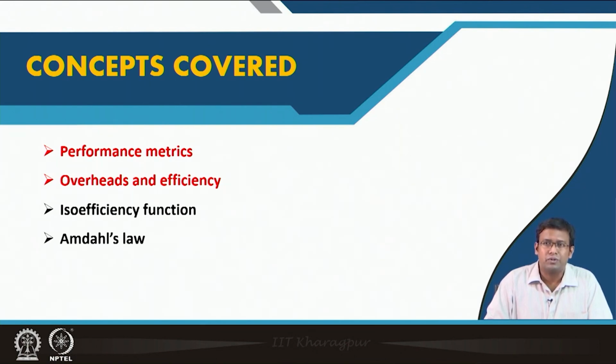So we should be very judicious in deciding the optimum number of processors and the optimum size of the computing infrastructure that we should use to solve this problem. We should not take it for granted that we can increase the number of processors as much as possible and we will get better efficiency, or get the job done faster.